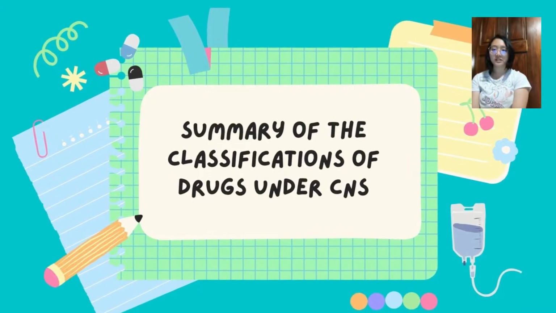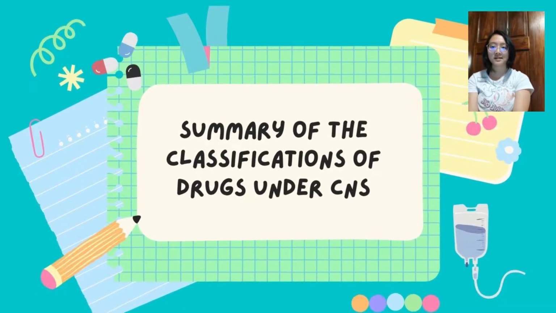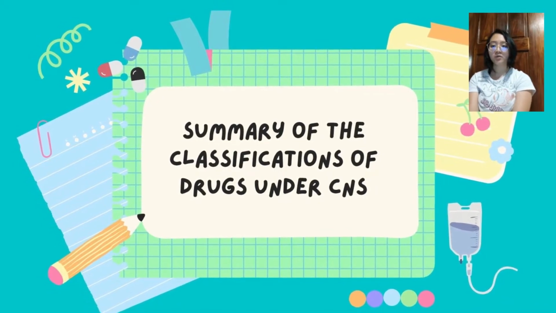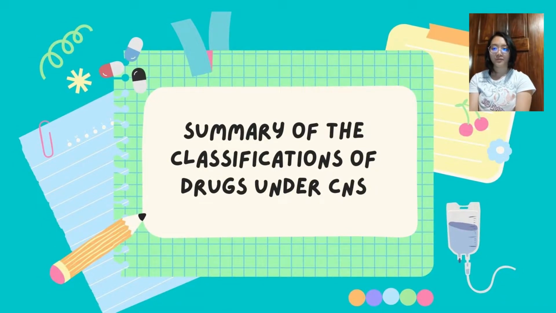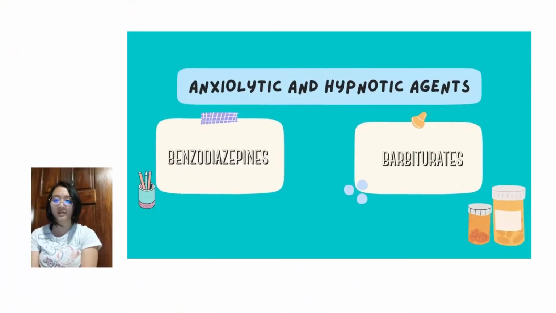Lastly, we have here the drugs under CNS. Since this was already discussed by Ma'am Sherlyn, we're just going to have a rundown of the classifications and subclasses under these drugs. Okay, so first one, we have here the anxiolytic and hypnotic agents. Under these agents are the benzodiazepines or the benzos and barbiturates or barbs.